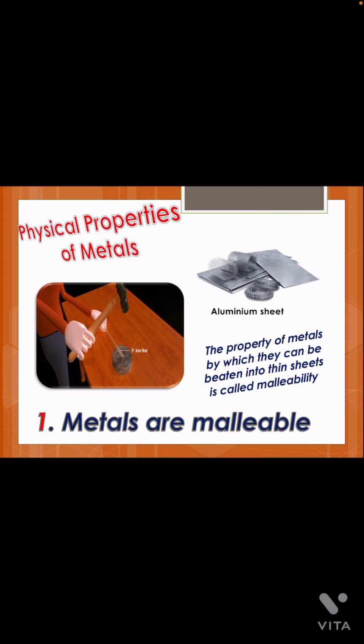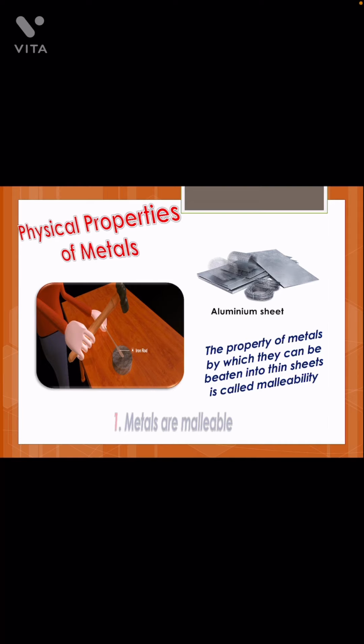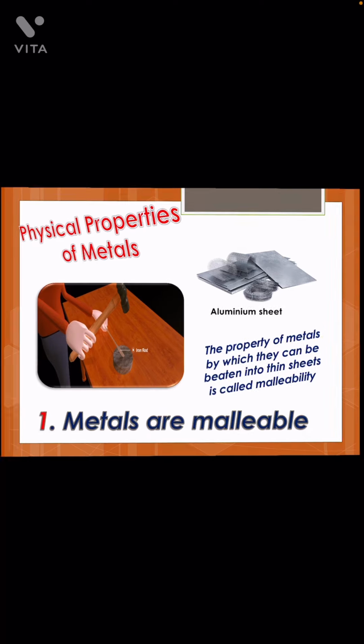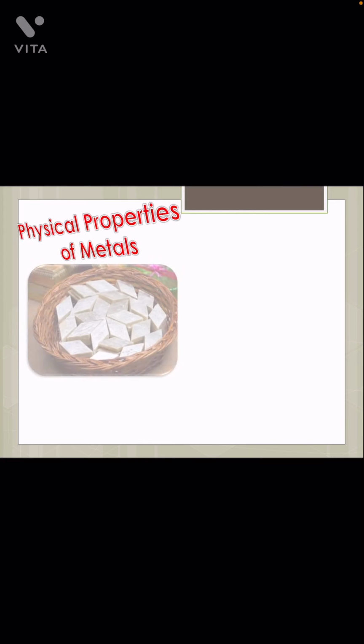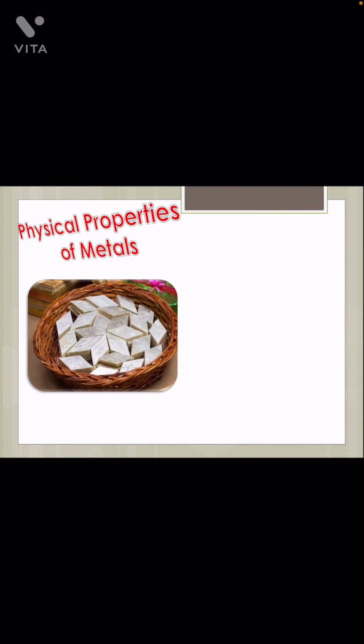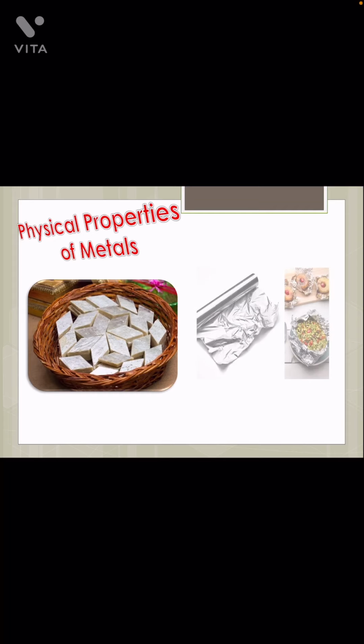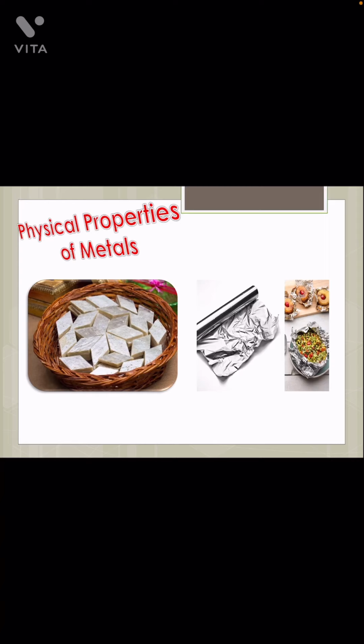Metals are malleable. You might be familiar with silver foil used for decorating sweets. You may have seen that aluminium foil is used for wrapping food. These are examples of the malleability of metals.